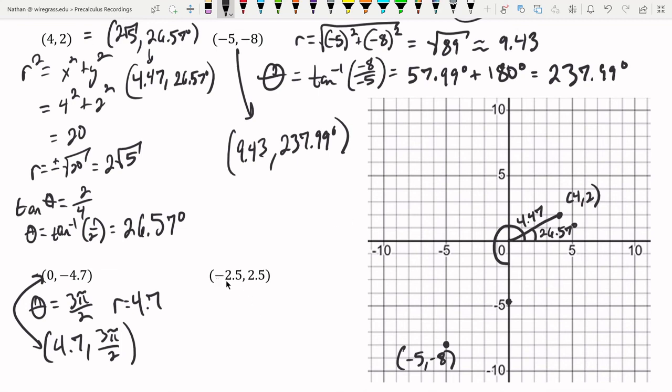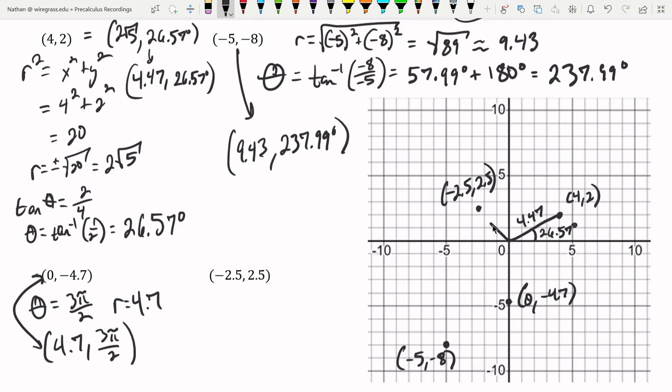Okay, next one is -2.5, 2.5. That's going to be here, just about. Let me write the coordinates here on this one. 0, -4.7. This one's going to be -2.5, 2.5. This one is actually also another easy one to find. You could, of course, do the r squared tangent and everything like that.